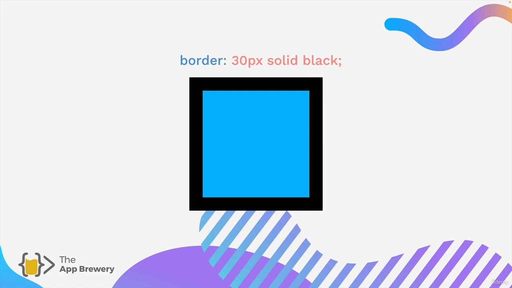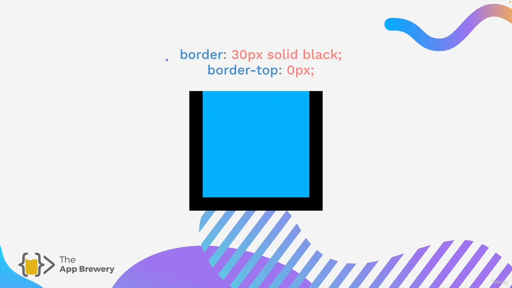But remember, the important thing is that the height and the width of your HTML element, your box, does not change. It's exactly the same as what it was before. So this border actually goes outwards rather than inwards. And that's the important thing to remember here.